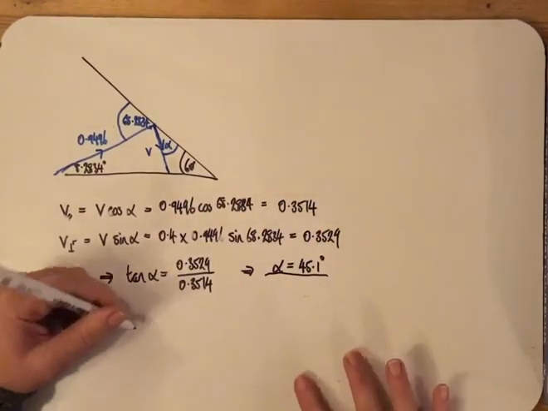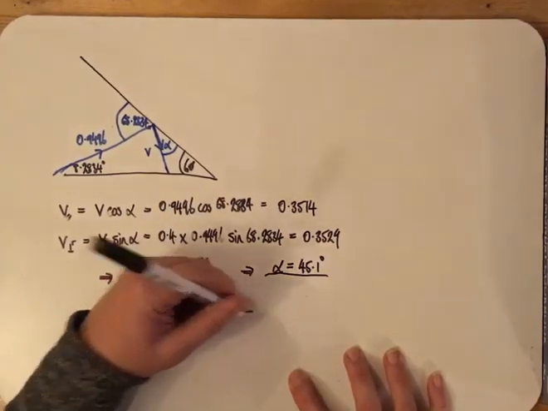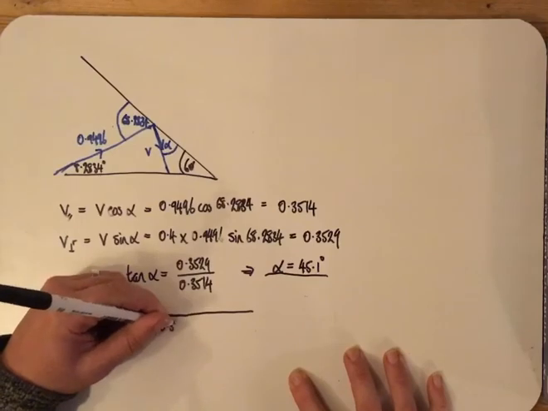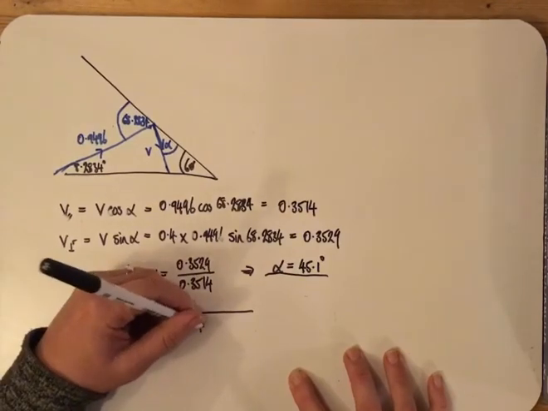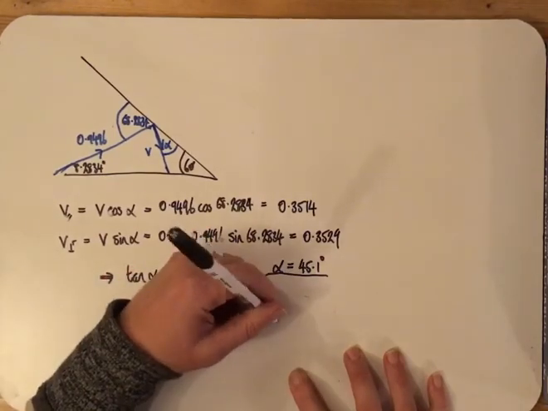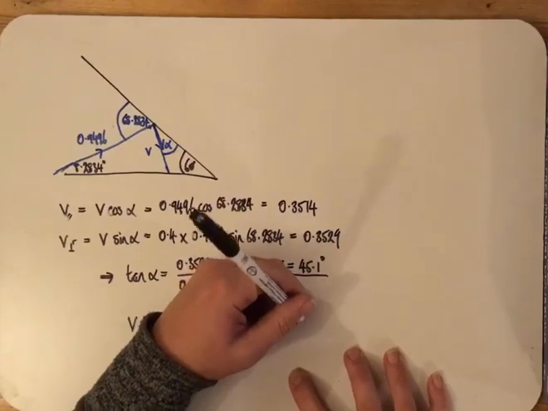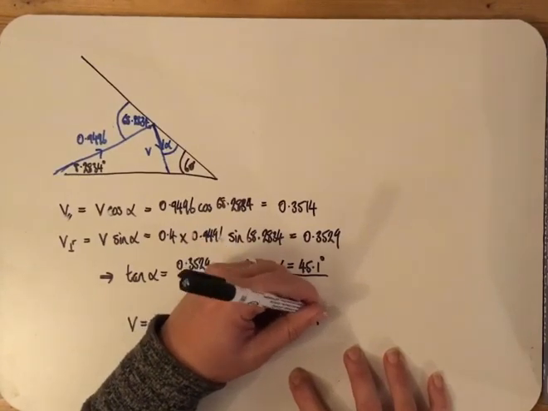And then V, the speed, is the square root of 0.3514 squared plus 0.3529 squared, which gives you 0.498. We certainly don't need more than 3 sig fig accuracy.